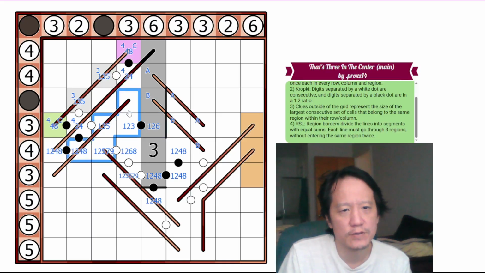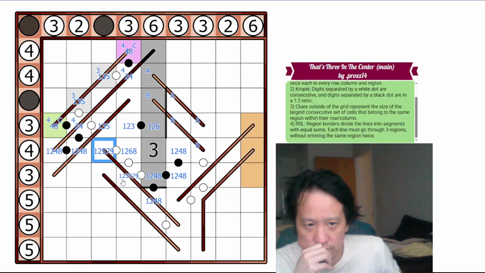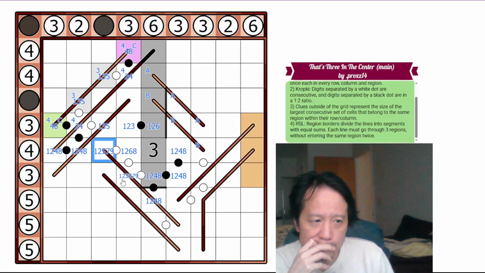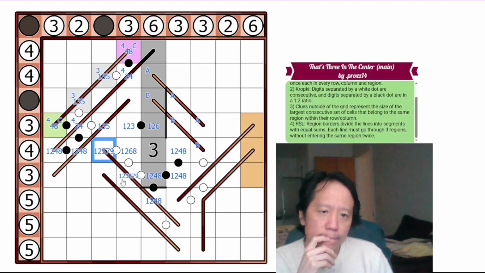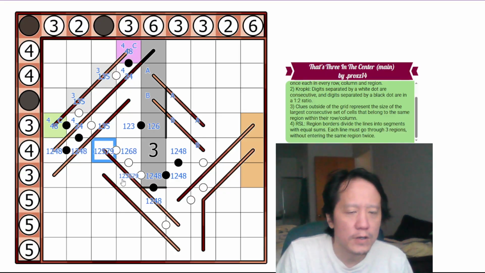What about these? We don't have any real restrictions here. So if this is 1, 2, and 3, it could be with 1, 2 here.